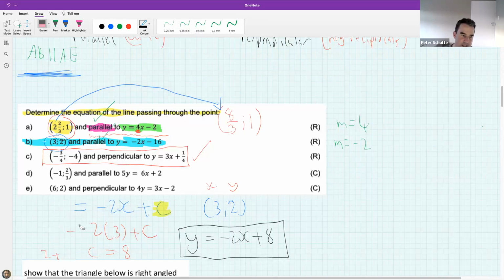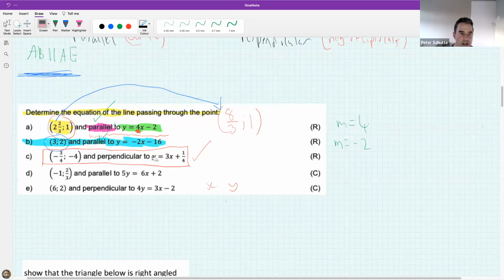So let me even do C with you together, and then we can see how this works. Now, the relationship here is perpendicular. So let's slow it down for a second. What is the gradient of the line that they give me? The line that they give me has a gradient of 3. Now, that is not the gradient of my line.